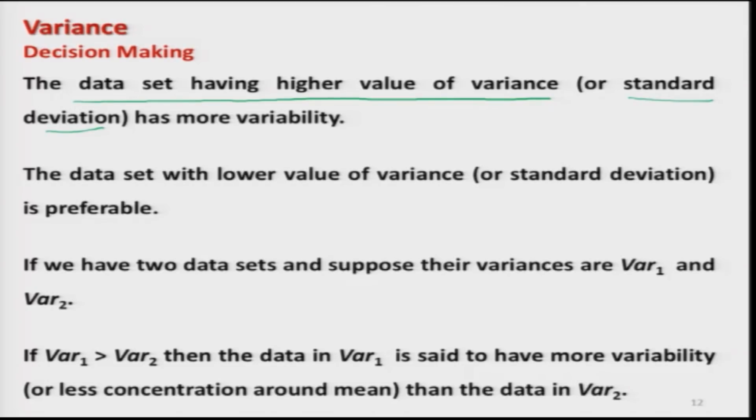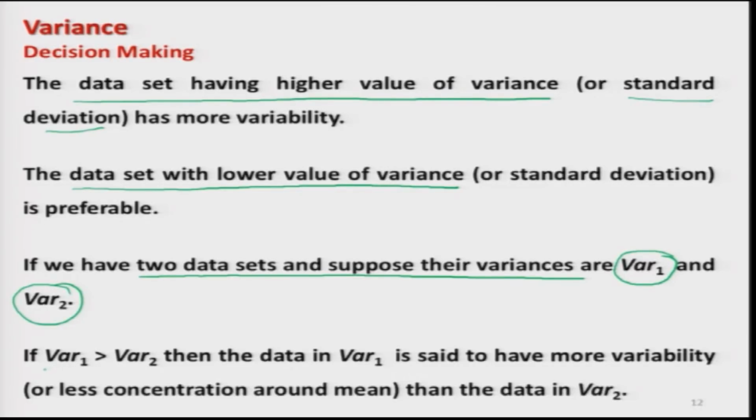In statistics, we usually prefer a data set which has a lower value of variance or lower value of standard deviation or standard error. So, in case I have two data sets and suppose we compute the variances, and these come out as VAR1 and VAR2, then if VAR1 is greater than VAR2, we say that the data used for computing variance 1 has more variability, or less concentration around the mean, than the data set used for computing variance 2.